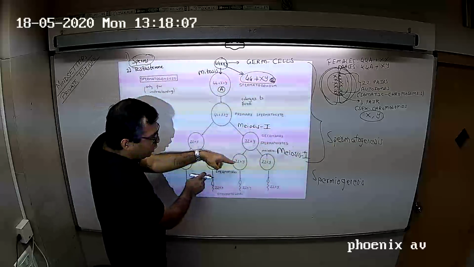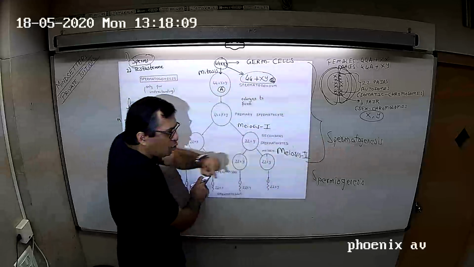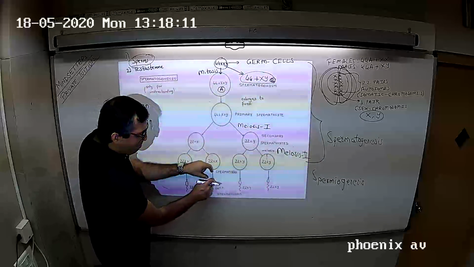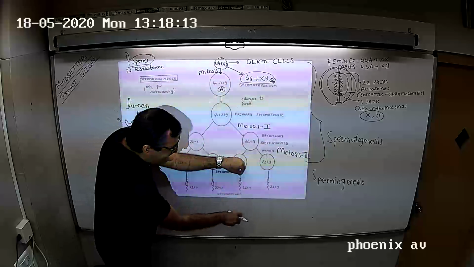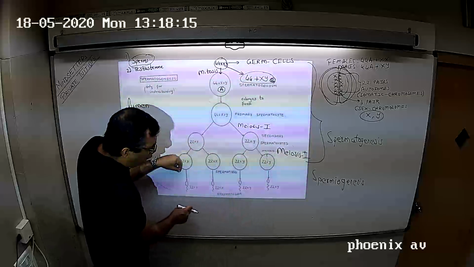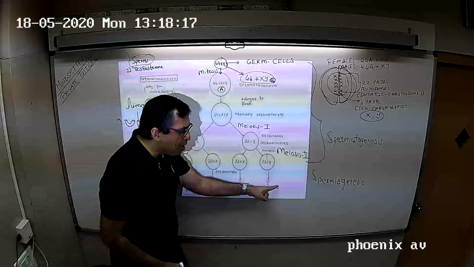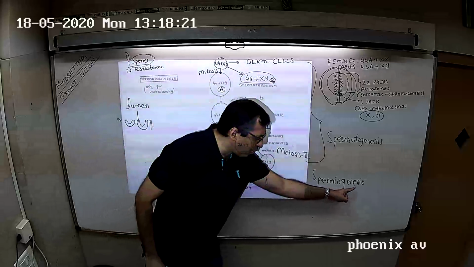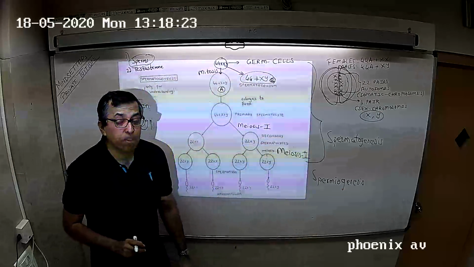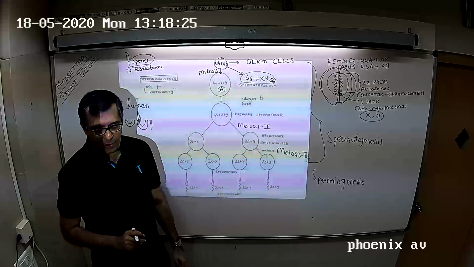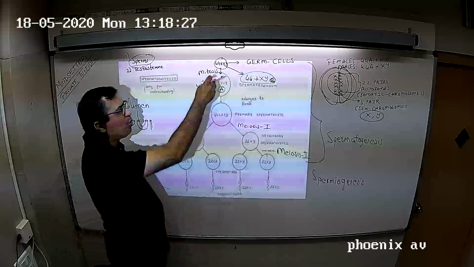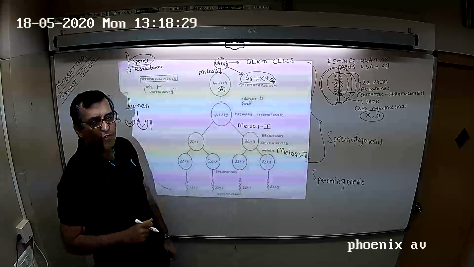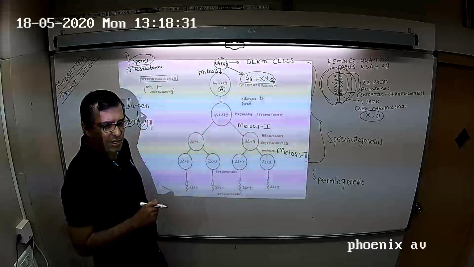This process is called spermatogenesis, and spermatids give out a tail and they form haploid sperms or spermatozoa. That last process is called spermiogenesis. So that's the beautiful logic of spermatogenesis.